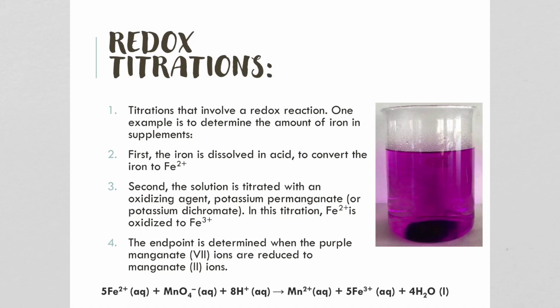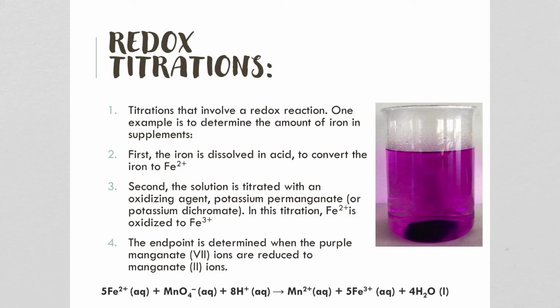So redox titrations are titrations that involve a redox reaction. One example is to determine the amount of iron in supplements or in different foods. If you were doing it with a supplement, you would dissolve the iron in acid to convert the iron to Fe2+. Then you'll titrate the solution with an oxidizing agent.